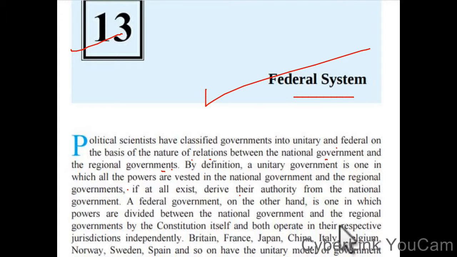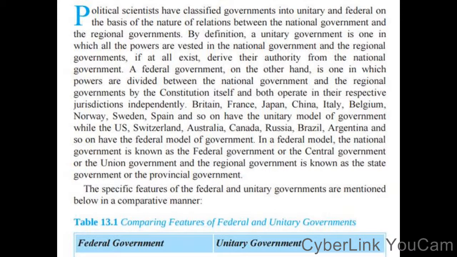Britain, France, Japan, China, Italy, Belgium, Norway, Sweden, Spain and so on follow the unitary model of government, while the US, Australia, Canada, Switzerland, Russia, Brazil, Argentina and so on follow the federal model of government.